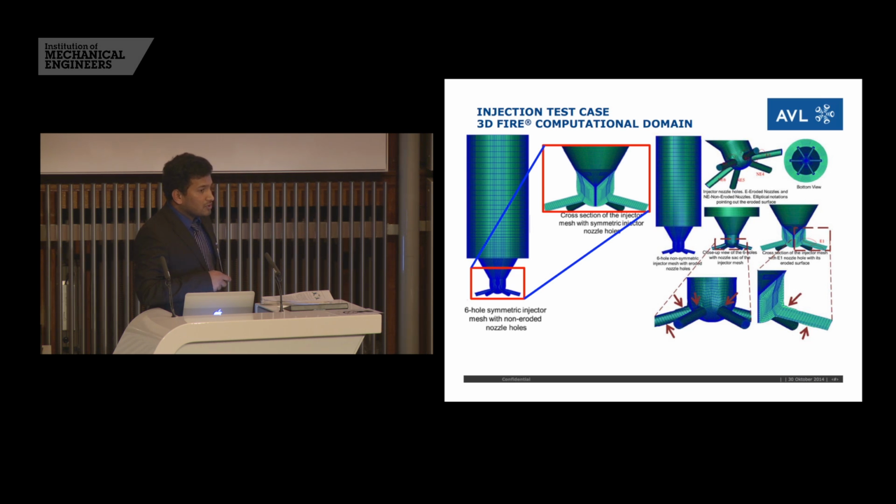This is an induced erosion surface on the mesh, so that the asymmetry can develop during the flow. So these are the 2 test cases I considered for my study: one is the 6-hole symmetric injector case, and the other is the asymmetric case with an induced eroded surface on the mesh.